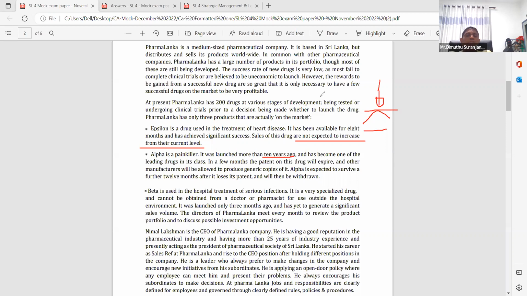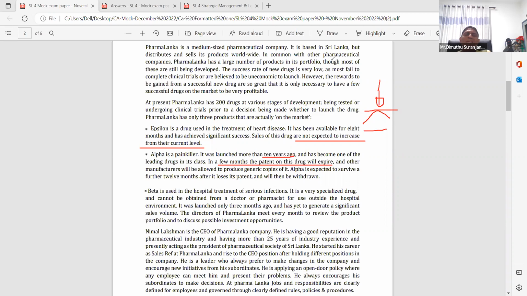In a few months, the patent on this drug will expire, and others are also allowed to produce it. So that means it will probably experience the decline stage after some time, very soon actually.